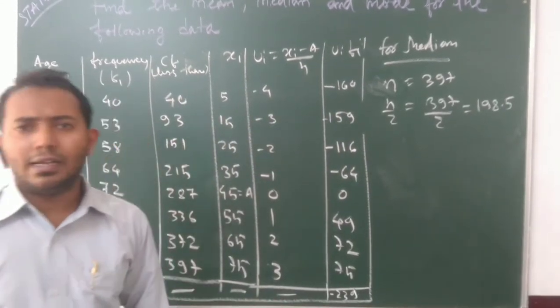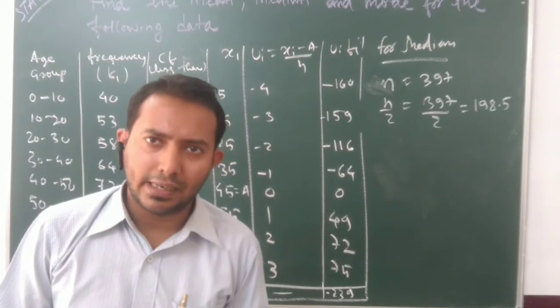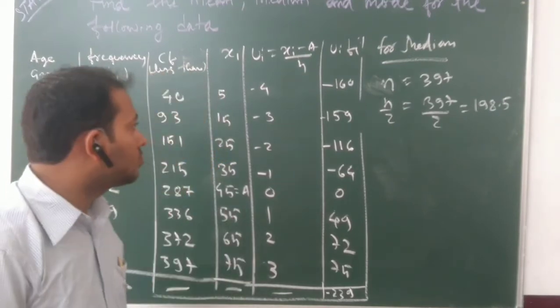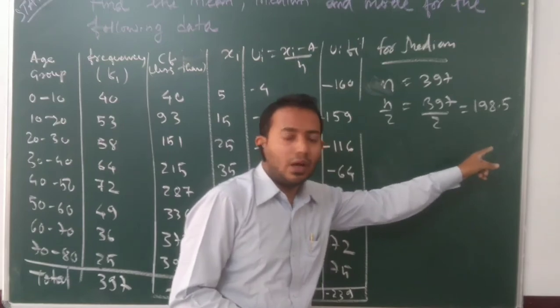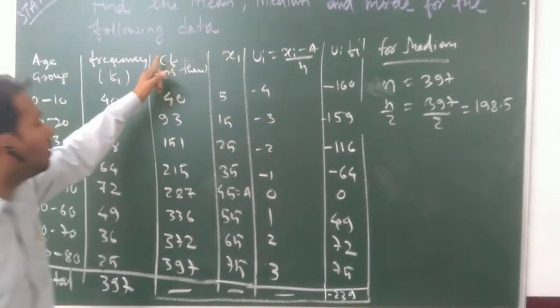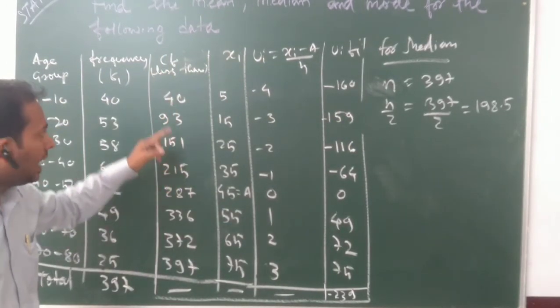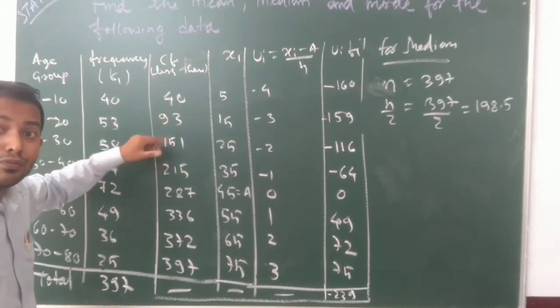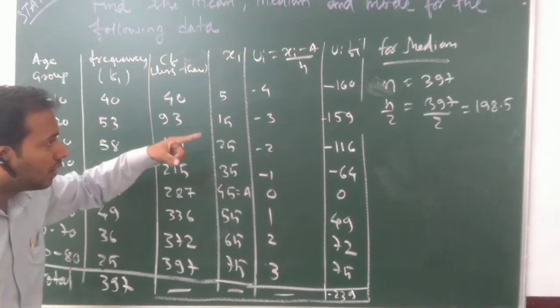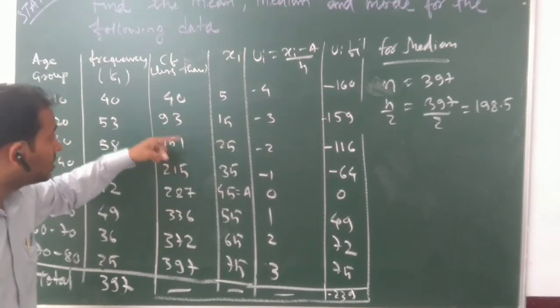Now if you see 198.5, how are you going to find the median class? Just check your n by 2, that is 198.5. Now look at the cumulative frequency column and see which is the first number that crosses 198.5.